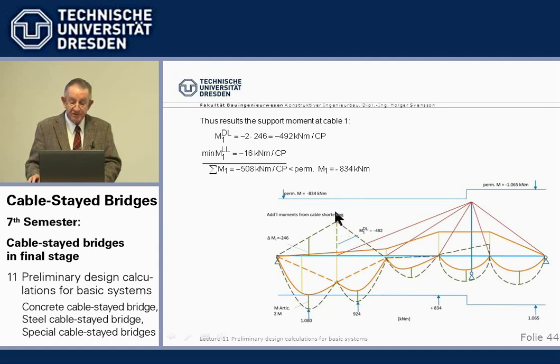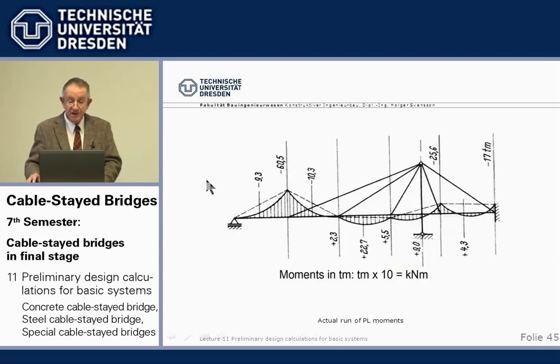So we have reserve stresses here for something like 100 kilonewton meters, and of course then at the bottom. And that would lead us to this run of permanent loads, which we wanted to find out.